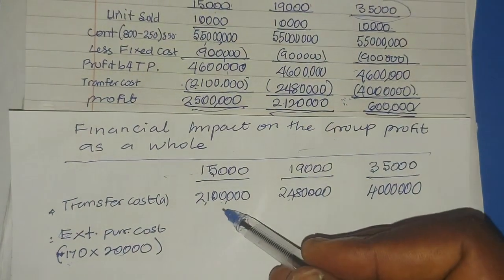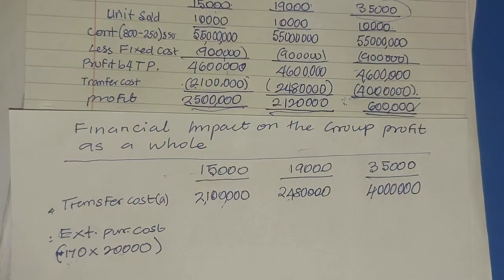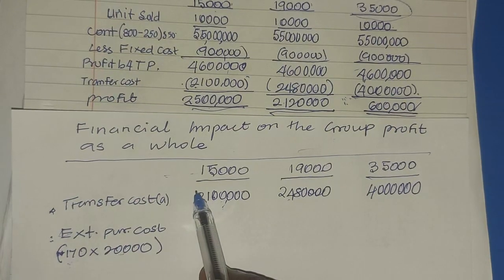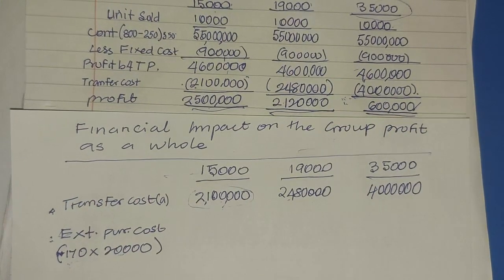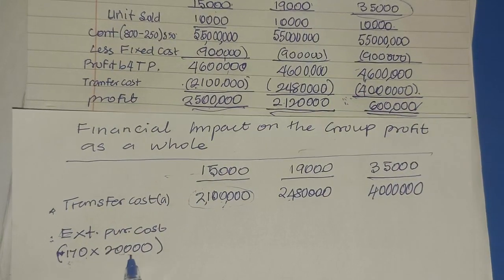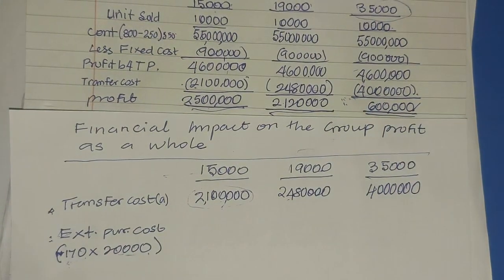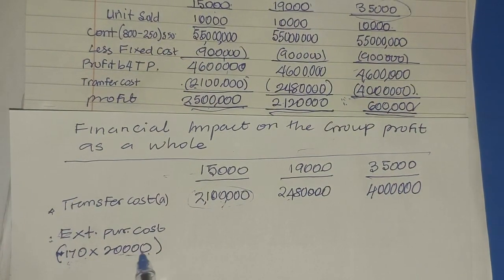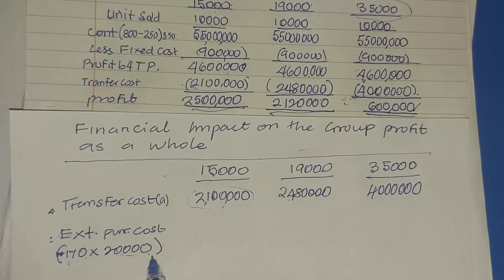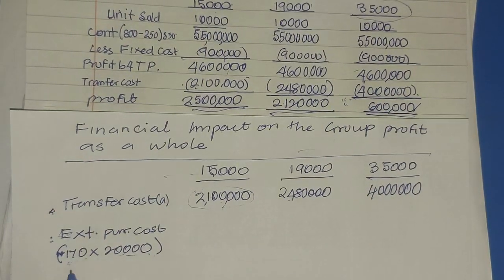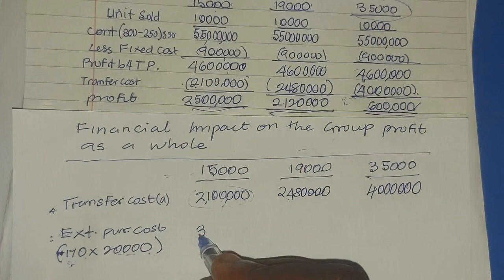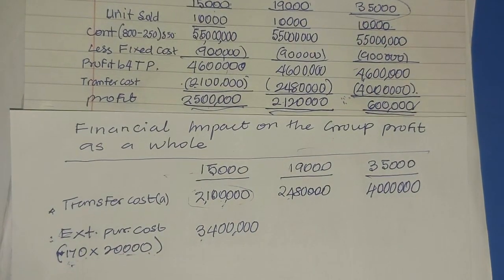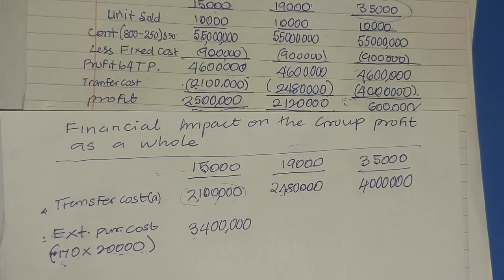So supposing this policy is ignored, the buying division would not incur the transfer cost, but rather it will incur 170 times 20,000. If the policy is ignored, it would have gone outside to buy for 170, and that gives 3,400,000.